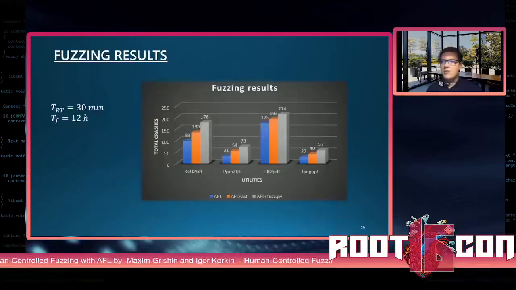The module was checked using the TIFF library utilities, which are designed to work with TIFF files. It's known that many utilities of this library contain a large number of vulnerabilities. Therefore, this library is quite suitable for testing the module and comparing it with other AFL-like fuzzers.